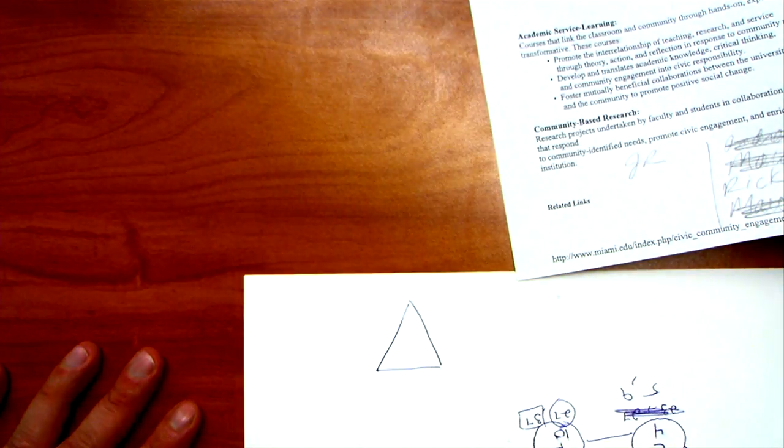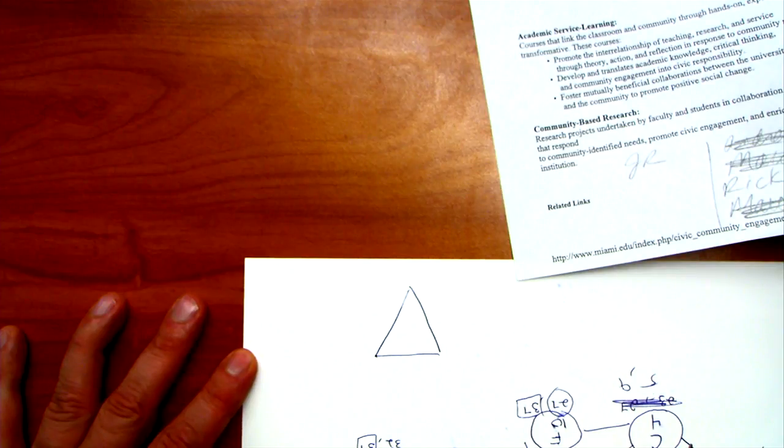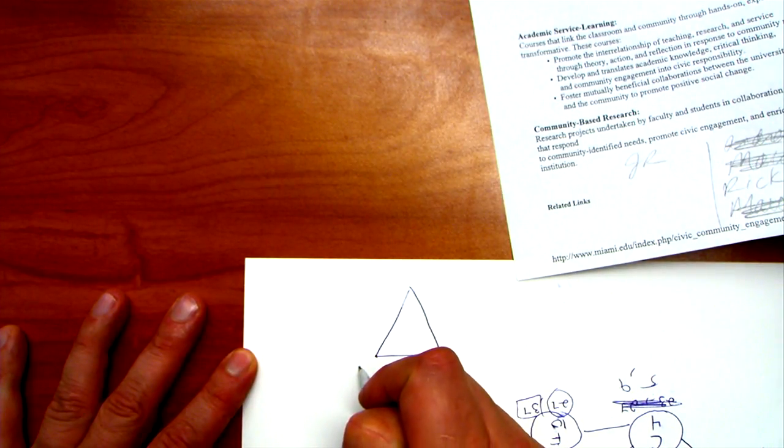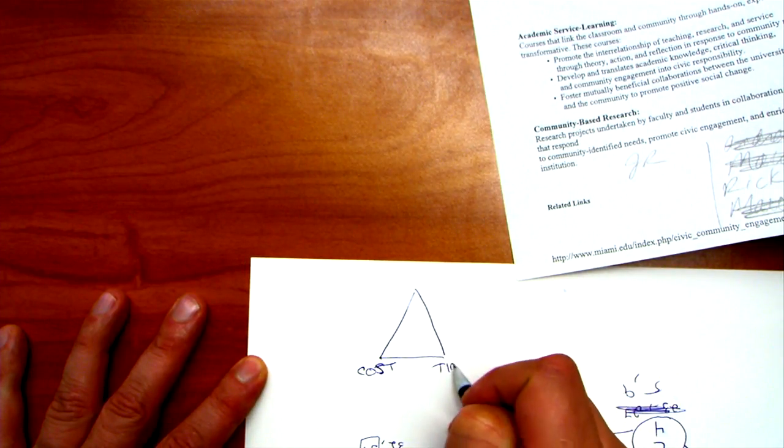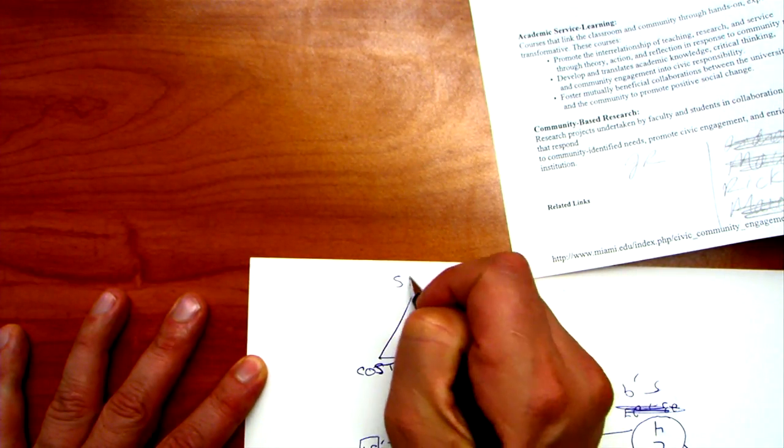No? Sometimes called the scope triangle. There's 3 main things that affect your project, okay? It is cost, time, and scope.